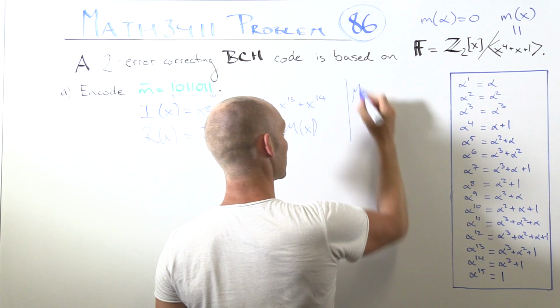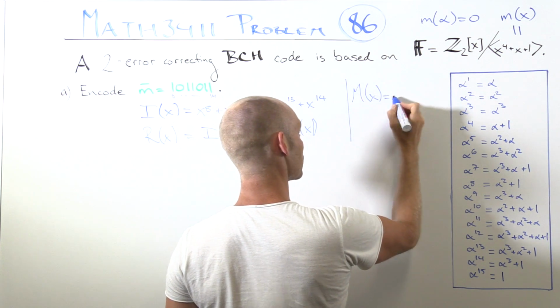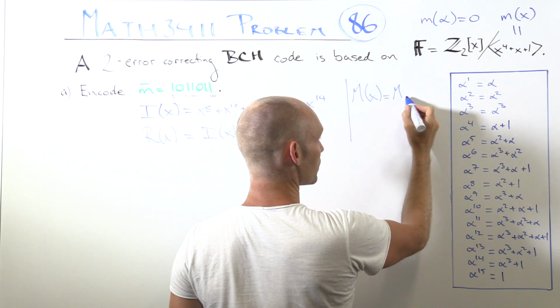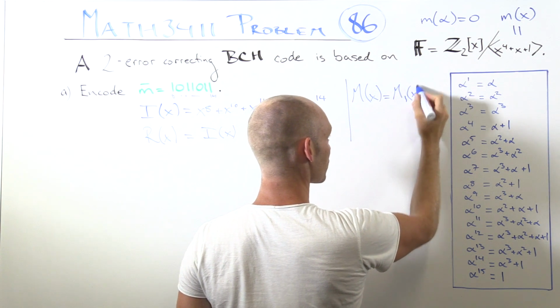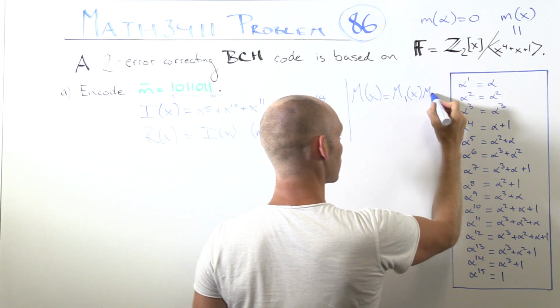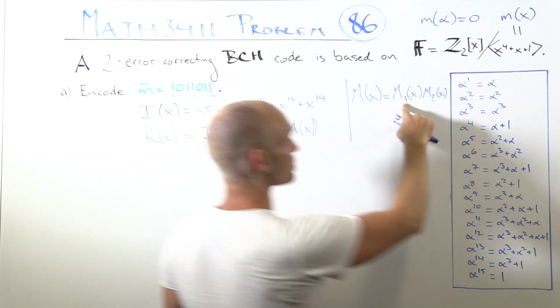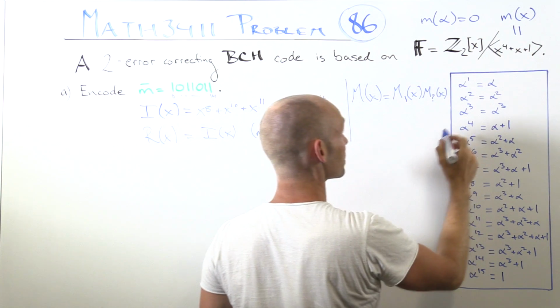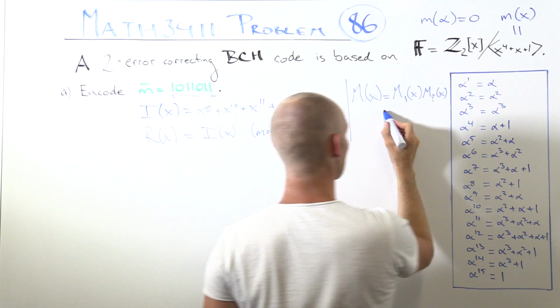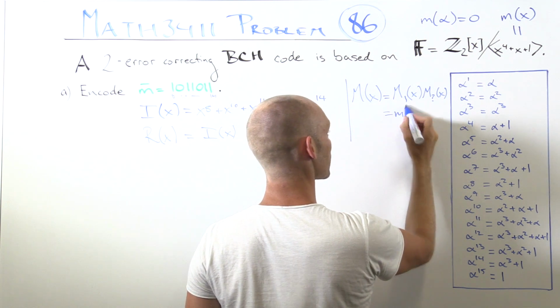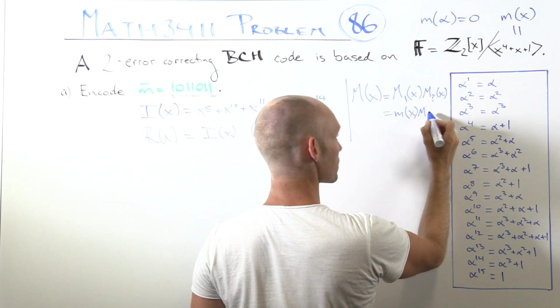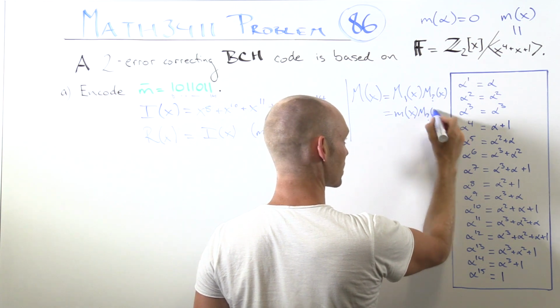If we write m of x to be equal to the product of a minimal polynomial, let's call it m1, and another one, m something of x, then m1 can just be chosen to be this polynomial here, times this other as yet unknown polynomial.